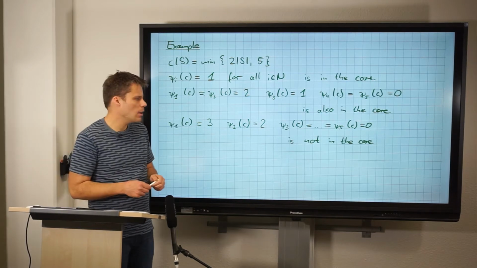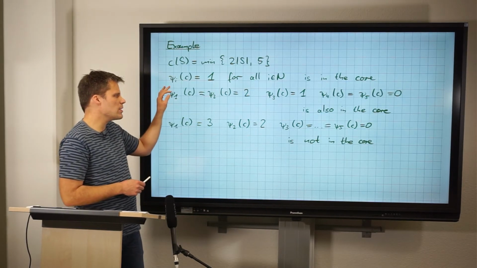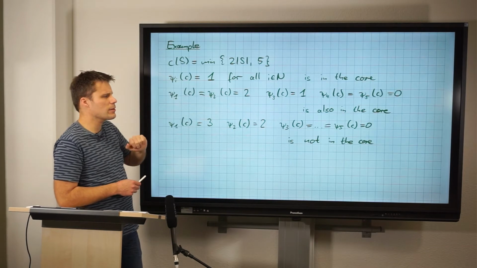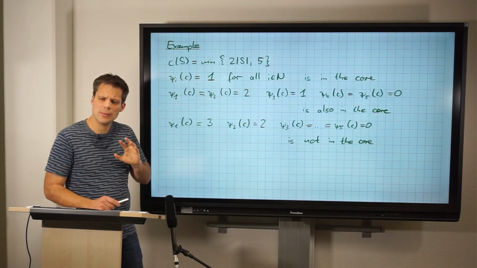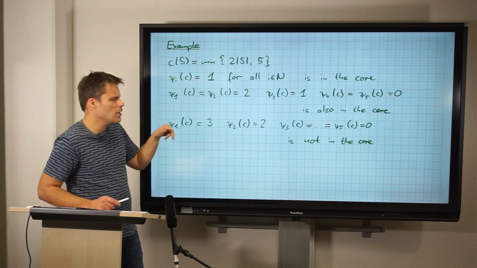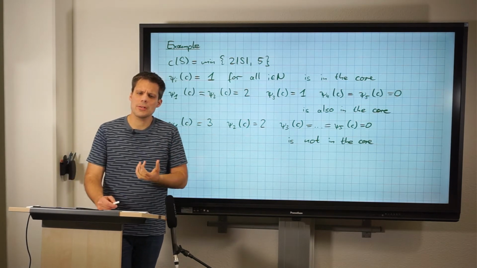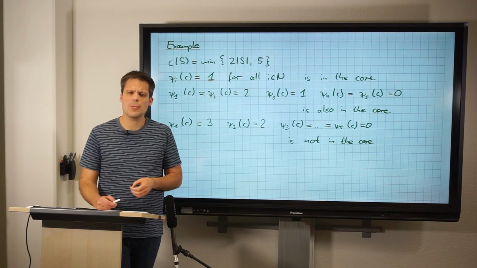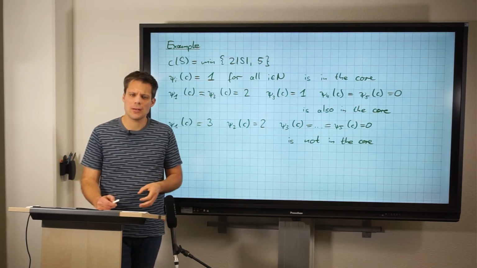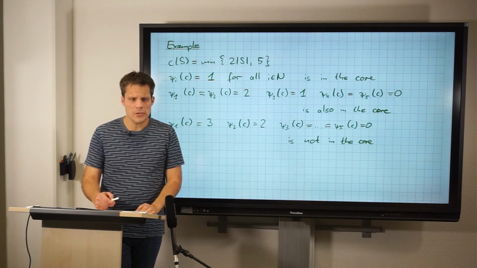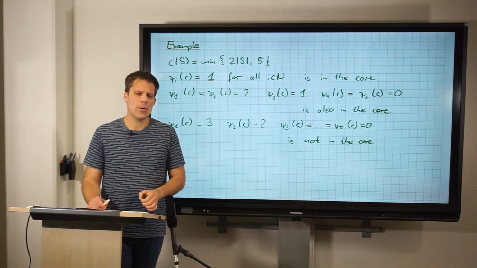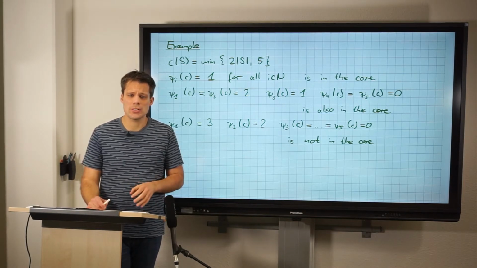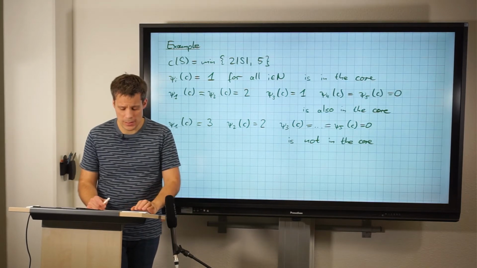So while generally this first feels a little better than the second, I think this core already captures quite some properties that we would want to see fulfilled in cost sharing. Unfortunately, there is not always a cost sharing vector in the core. Sometimes the core can be empty.